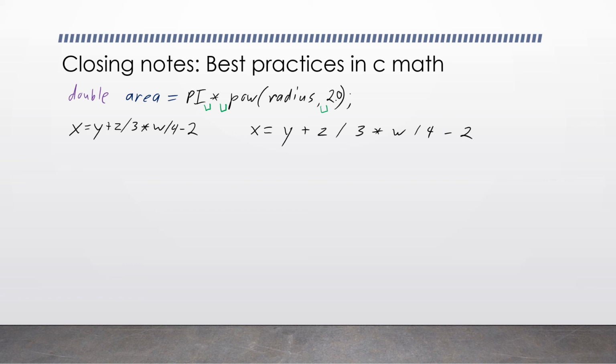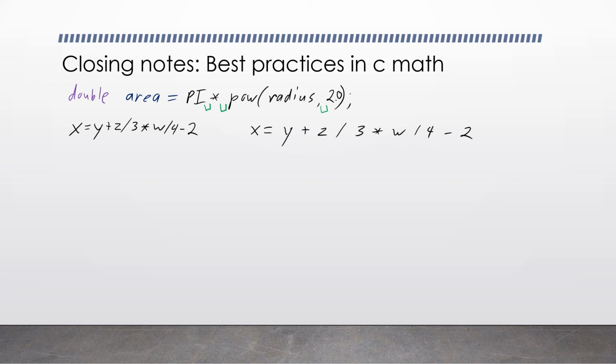And this also lets you visually inspect and say, okay, where are my high precedence operators? C is going to group there, and then there, and then there, and then this plus here and this minus here are going to happen last. And is that really what I wanted? Maybe it is, maybe it isn't.